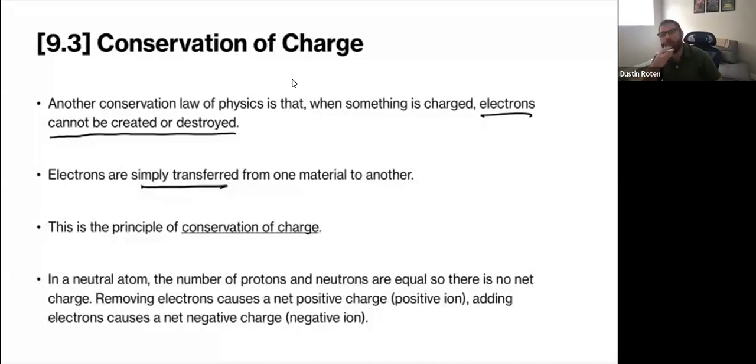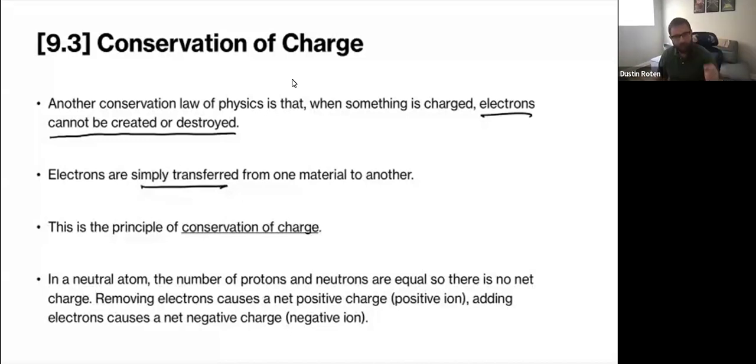Now, if we have atoms and we move or add electrons, then we get an imbalance. Remember I said atoms usually have the same number of protons and electrons, but if we start messing with that, we make something called an ion. So in a neutral atom, the number of protons and electrons are usually equal, so there's no net charge.